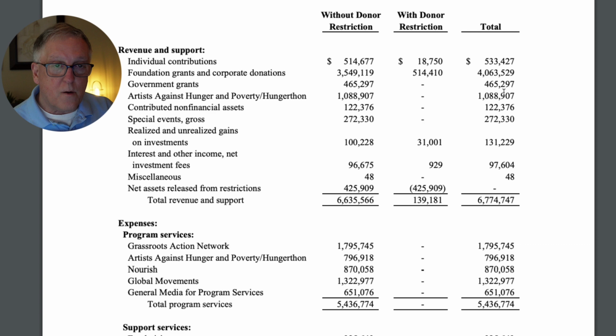So if I want to see what the contributions are for the year, I can go boom, boom, boom, and I can see all of that here. If these numbers are showing up down at the bottom, it just makes it a little harder to follow. So I prefer a presentation like this.